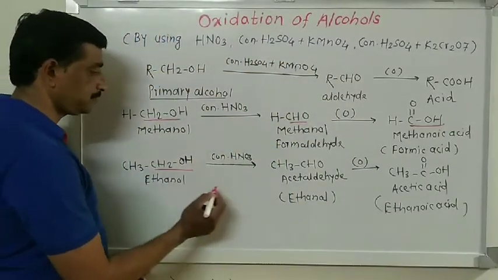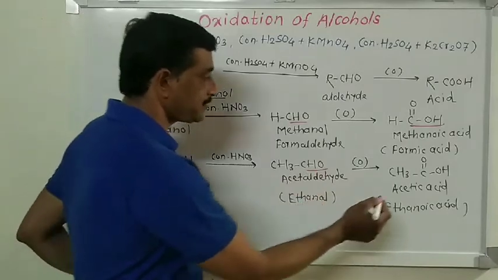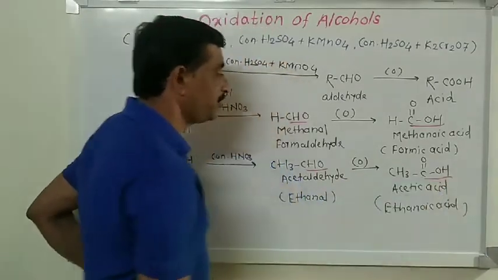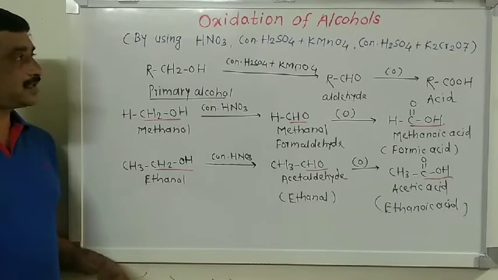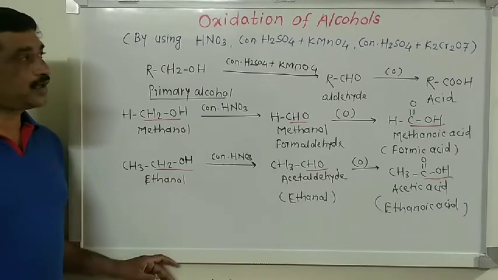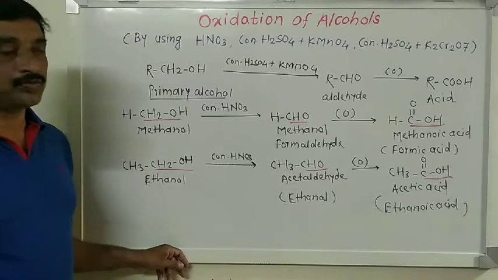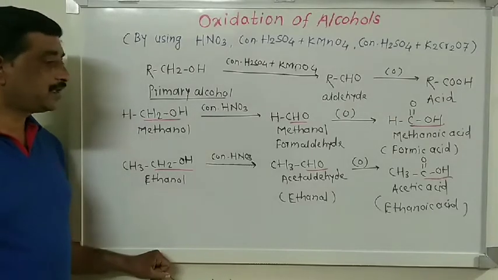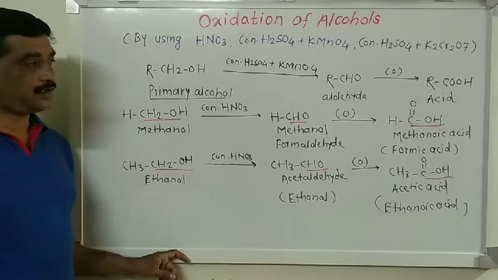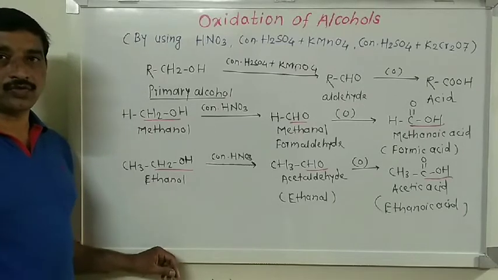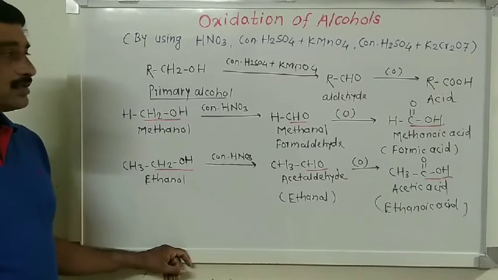So primary alcohols on reaction with oxidizing agents such as nitric acid, potassium permanganate or potassium dichromate first give aldehydes, and further they undergo oxidation to form carboxylic acids.